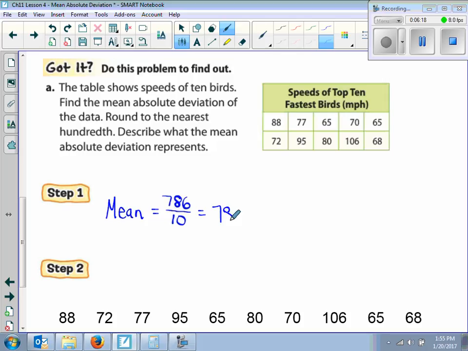Very good. You guys remember that little trick I showed you? Since we're dividing by a multiple of 10, the decimal's at the end here, we're going to move the decimal to the left once. That gives me 78.6. So that's going to be 78.6 miles per hour.